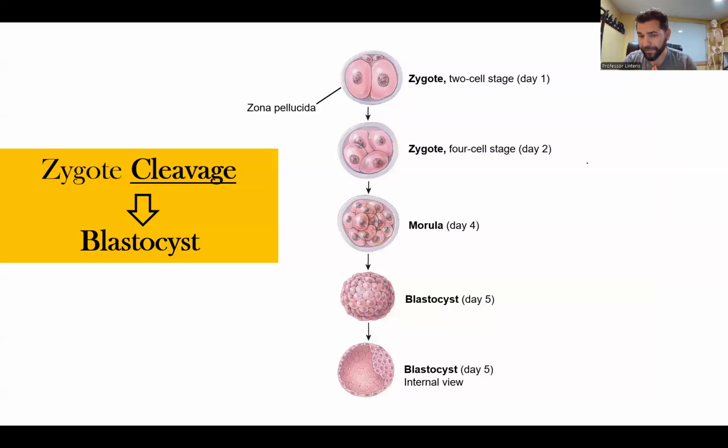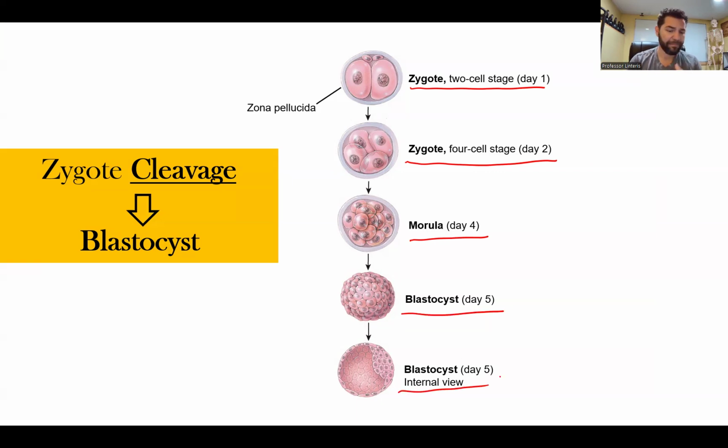So we have zygote cleavage, right? It's kind of like that, not the best picture I drew before, but one cell turns to two, two cells turn to four, and so on, right? So that zygote is the two-cell stage, or I should say, once that one cell divides via cleavage, right? The cleavage is basically the continued splitting of these cells. Four-cell stage, morula, blastocyst, same picture as this, just showing it from an internal view if you cut it open.